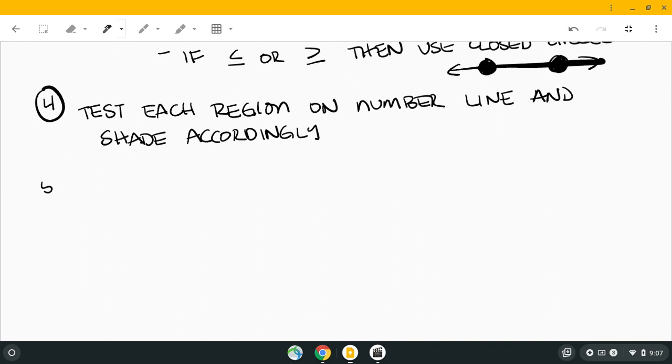And then the last step, write your answer.